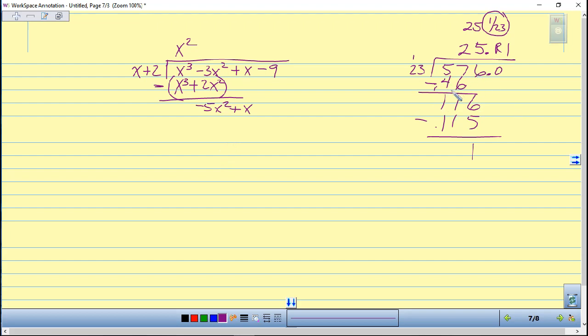So we're doing the same thing we did over here, we're just doing it with x's. So now, what do I multiply times x to get negative 5x squared? Well, negative 5x. Negative 5x times x gives me negative 5x squared. Once again, we can see that's going to cancel out when we subtract. Negative 5x times 2 gives me negative 10x.